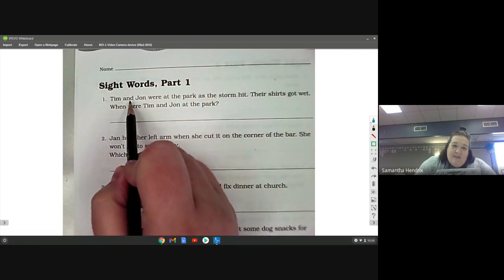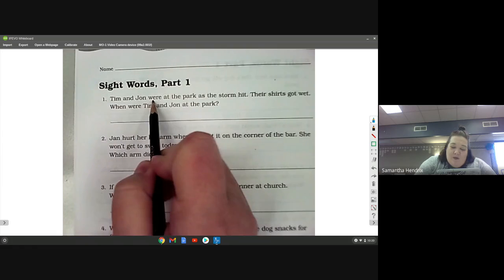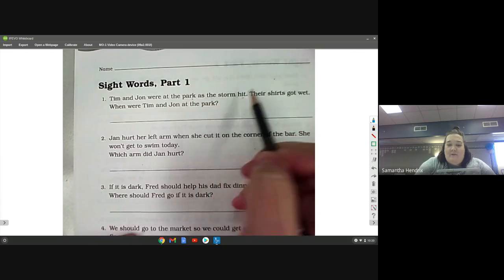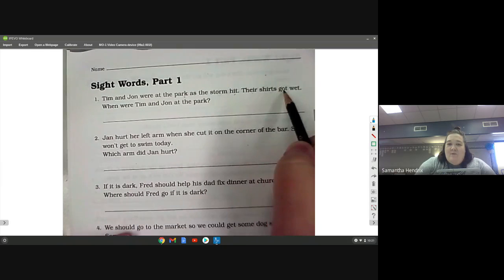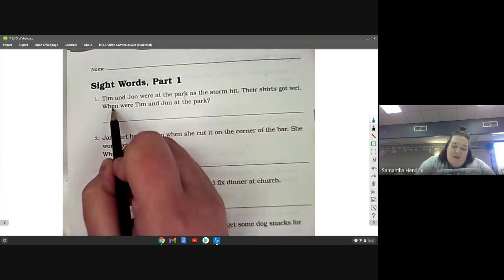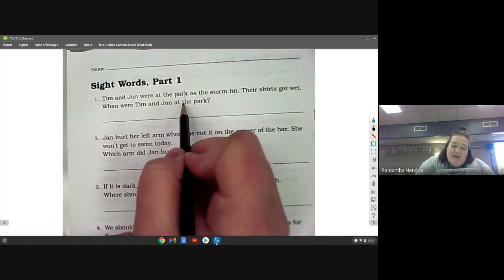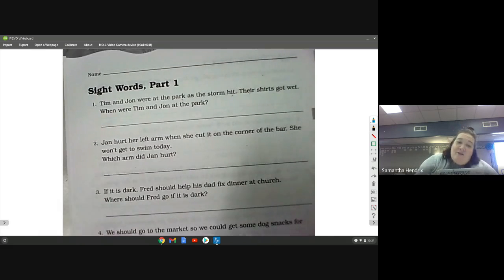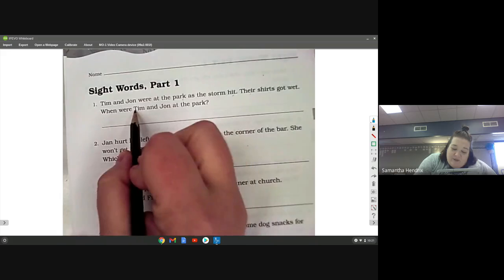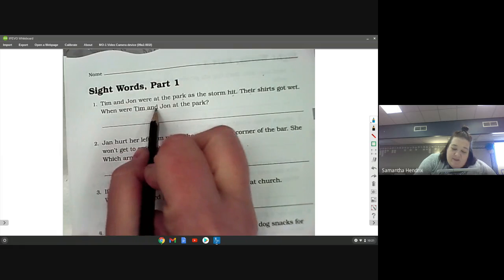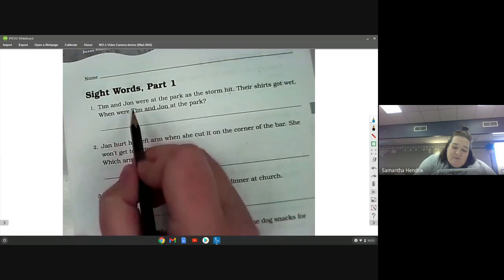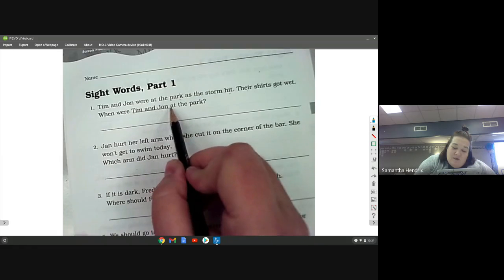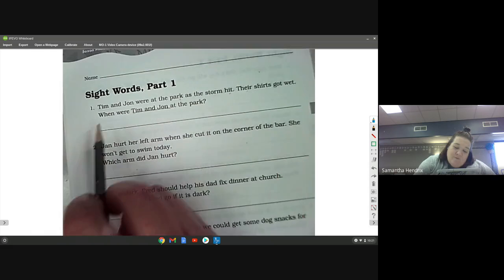Tim and John were at the park as the storm hit. Their shirts got wet. When were Tim and John at the park? We have to use part of our question in our answer. So we're going to put Tim and John were, when were.